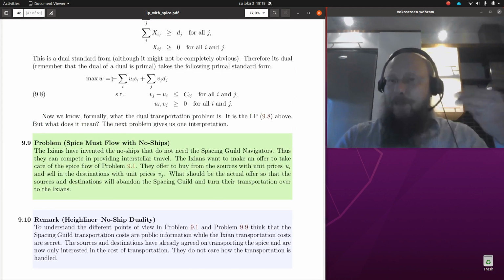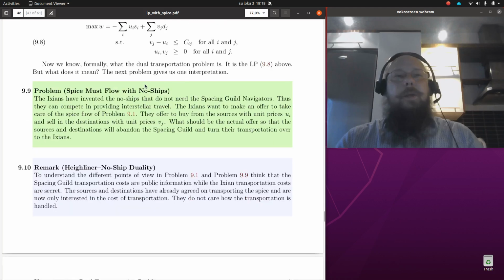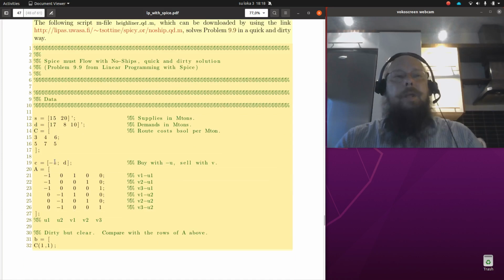Dual is in primal standard form. So the C is minus S's first, and then plus D's. This is just a sum, but this is how it goes. So this is easy. C is minus S followed by D.